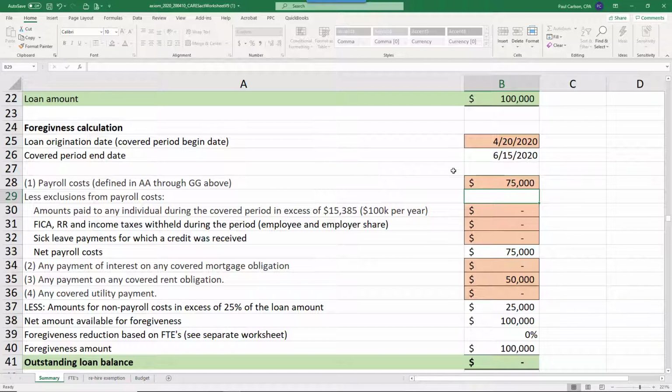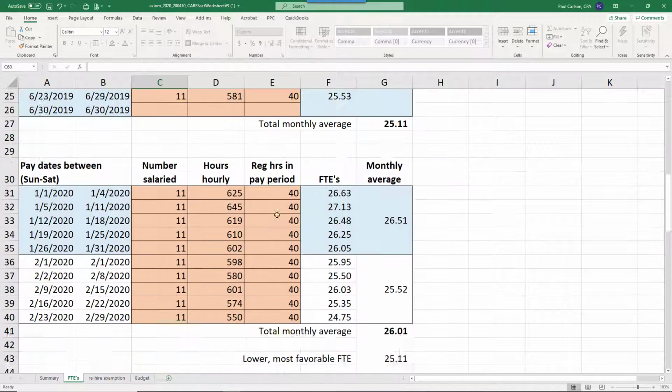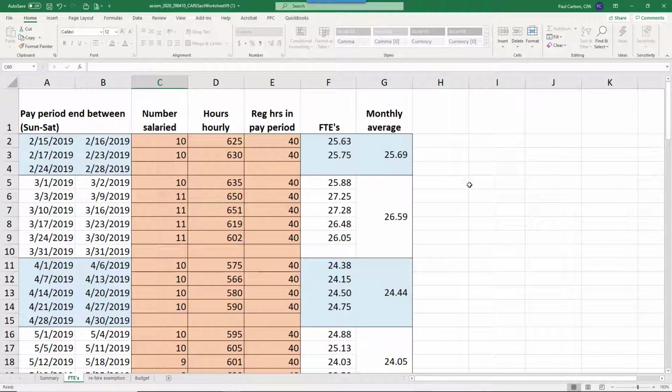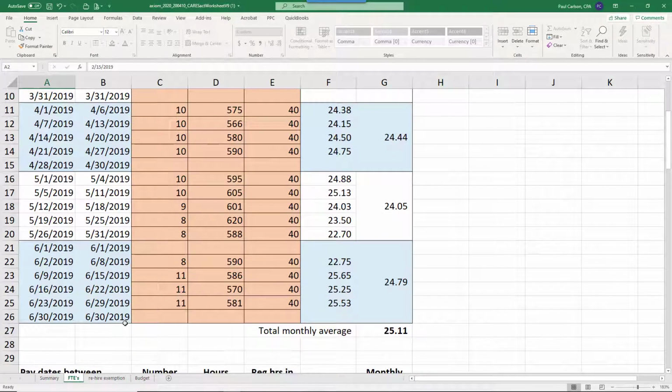based on dollars. Then there's this tricky widget here where it says this full-time equivalent calculation. So let's go, I'm going to scroll quite a bit, so hold on. So there's 3 full-time equivalent numbers required for this calculation. So one is wages paid in 2019 between February 15th and June 30th.